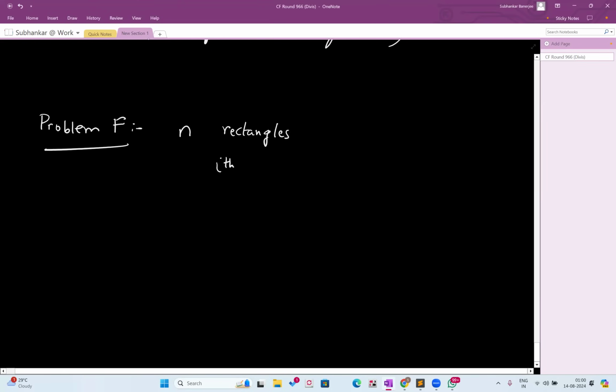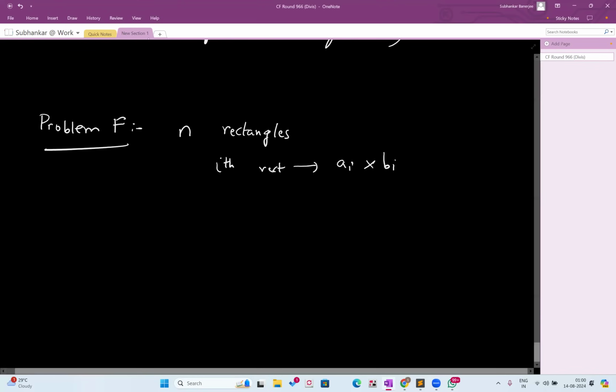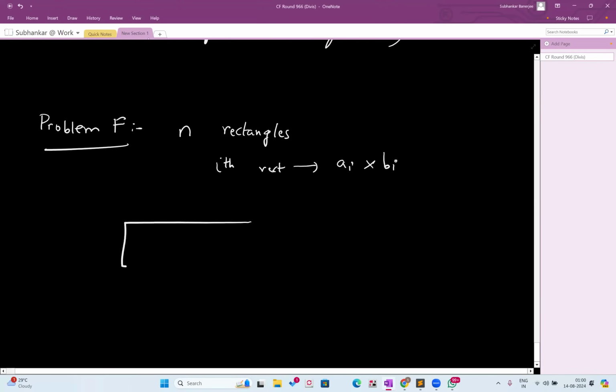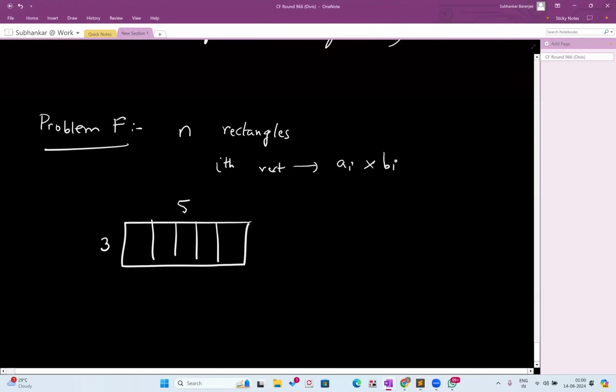The ith rectangle has dimension ai cross bi. So basically it looks something like this. If I have a 5 cross 3 rectangle, this will be something like this.